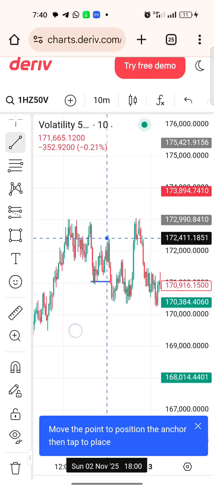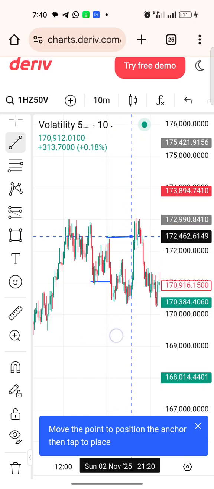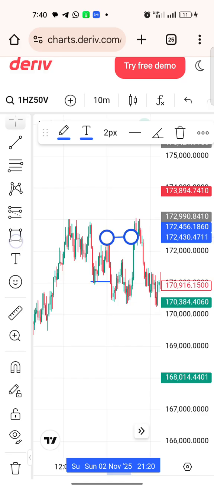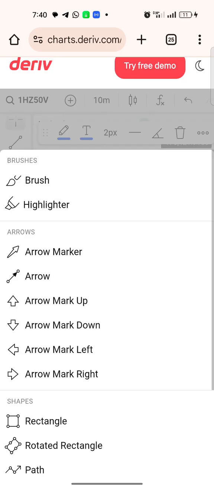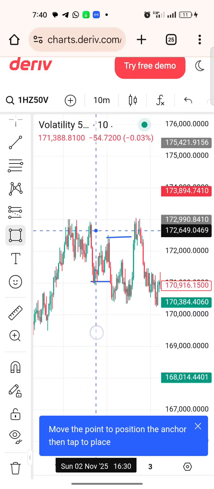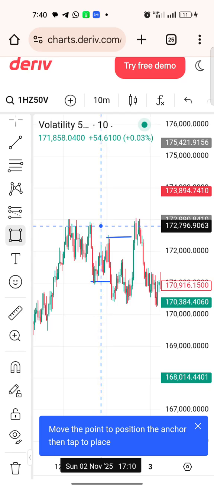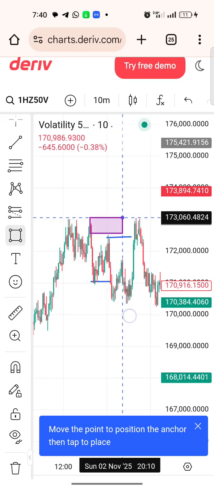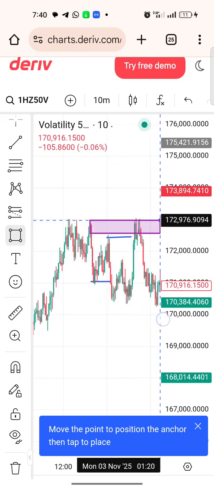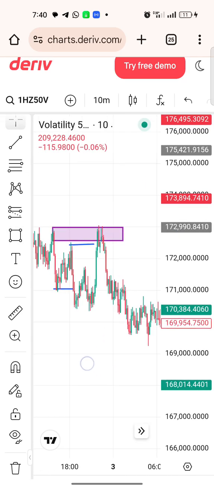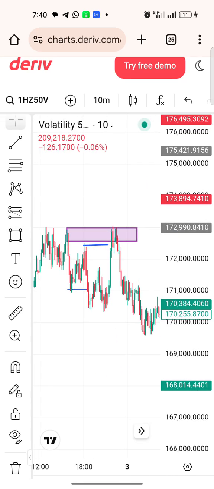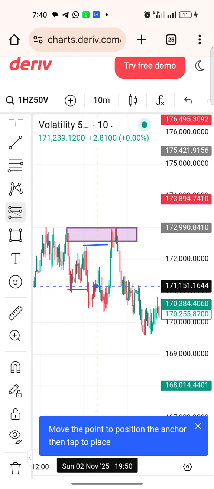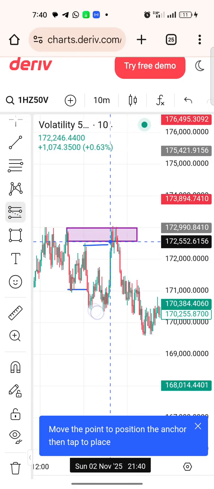It was the first pullback that failed to come to our point of interest. This was our point of interest, this order block. So we'll put our entry here.